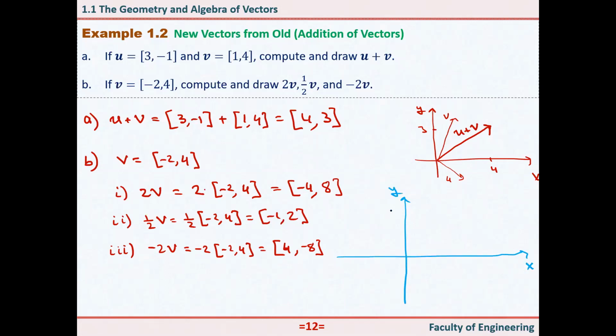X, Y, right? -2, 4. Where is it? -2, 4 is somewhere here. That is our original vector. This one is -2. This one is 4. The first one, 2v. What is it? -4, 8. So -4 and 8 will be just somewhere here.